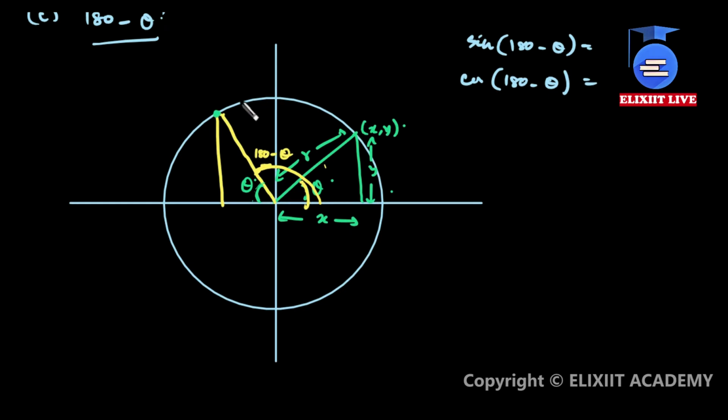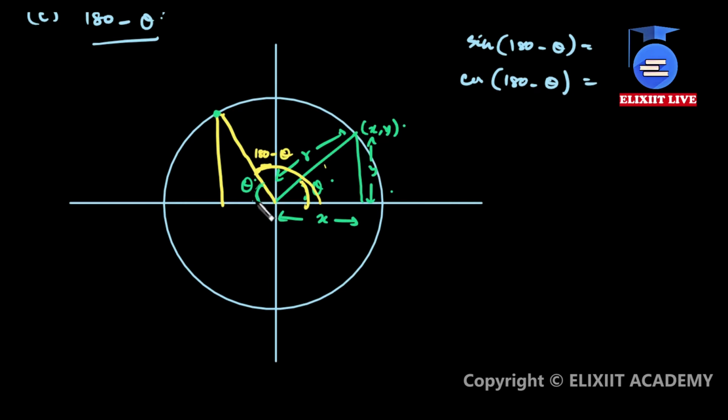If this coordinate is figured out, then easily we can find sine 180 minus theta and cos 180 minus theta with respect to this particular theta. So now, if this is 180 minus theta, then this is theta. First you make theta over here.